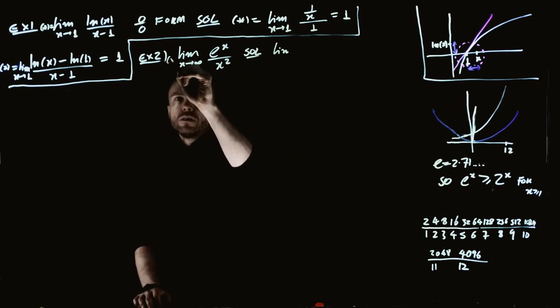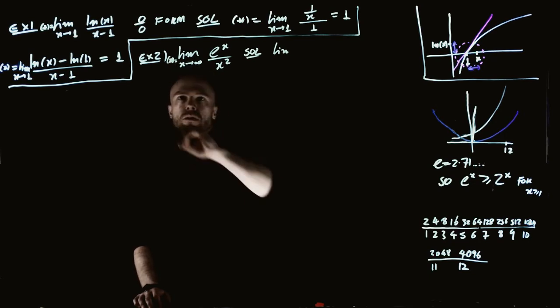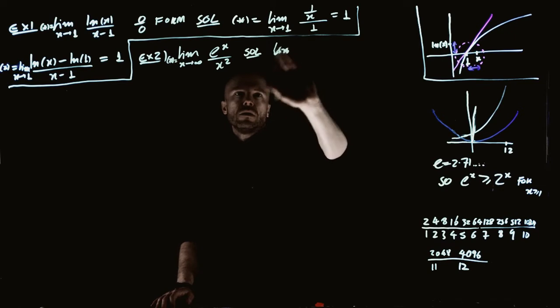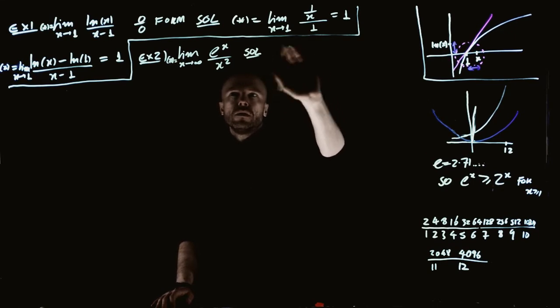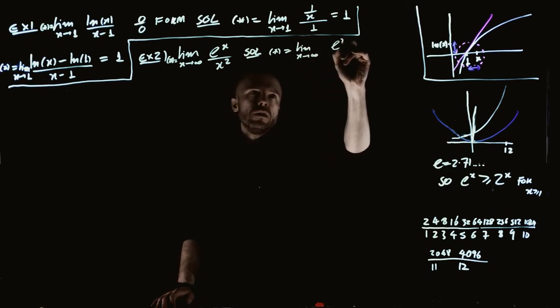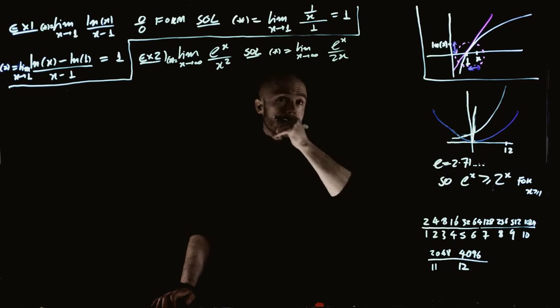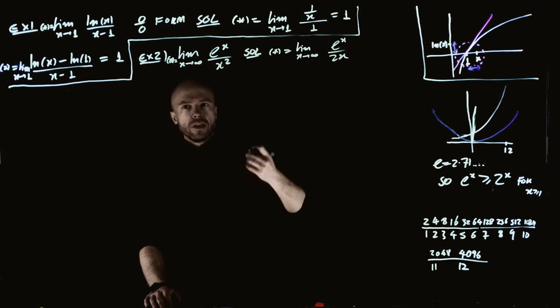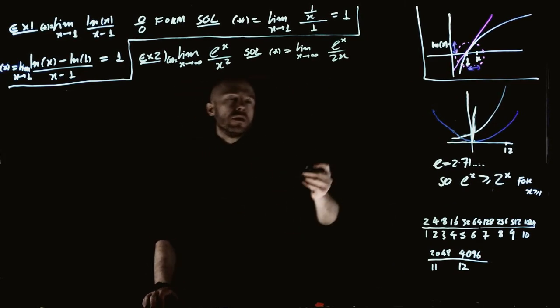This thing, star. Limit as x tends to infinity, e to the x over 2x. That doesn't look too promising because again it's infinity over infinity, but let's do it again.